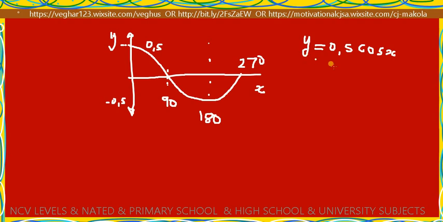Because they say it's 180, it's between 0 and 180, the boundaries, the limit. Just draw a dotted line here to show that this graph starts from here and ends here. So this is how you draw it.